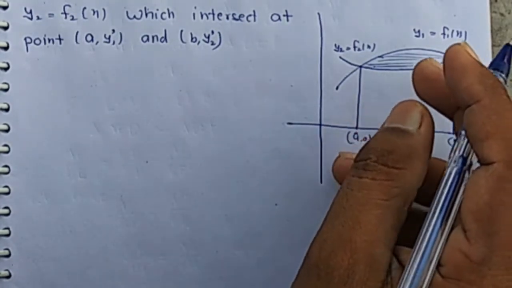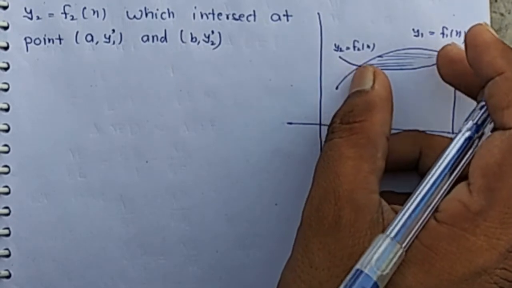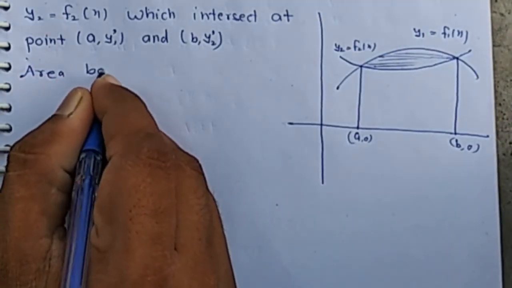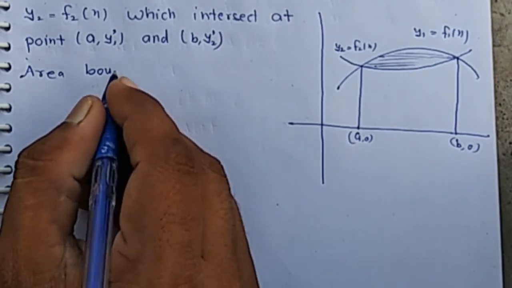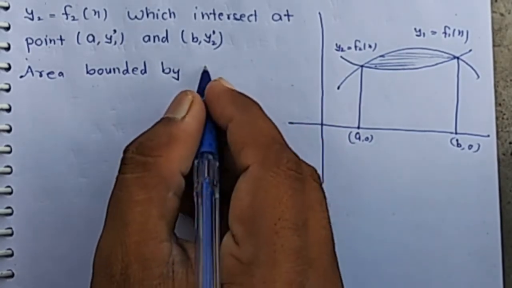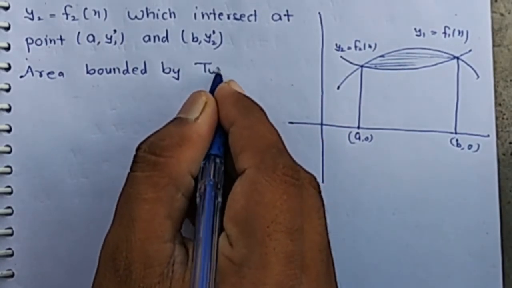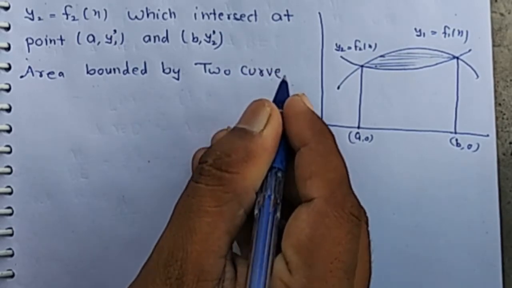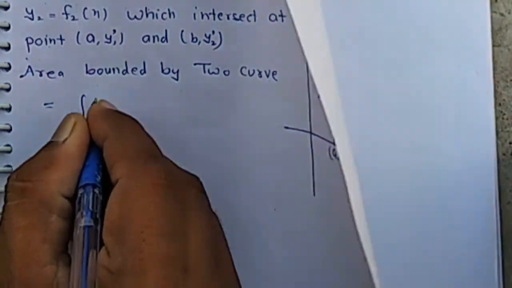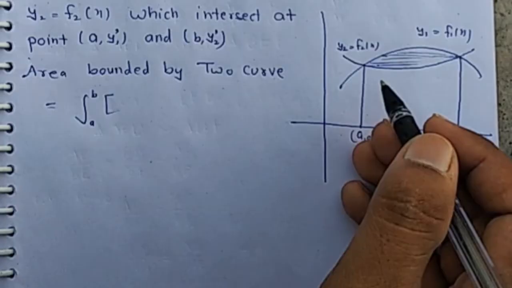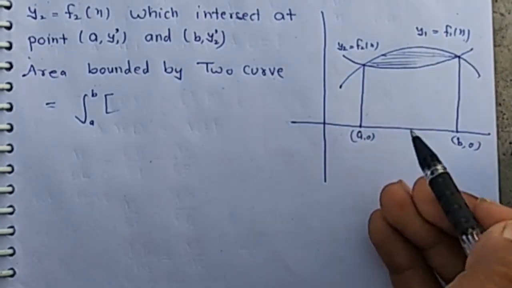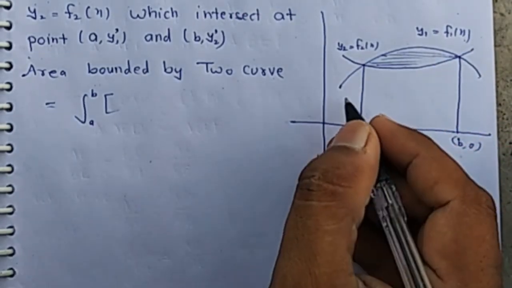Then if we want to find the area bounded by both these curves, it is equal to the integral with limits a to b. Firstly, we have to find the area bounded by curve y1 equal f1(x), the x-axis, and x equal a, x equal b.